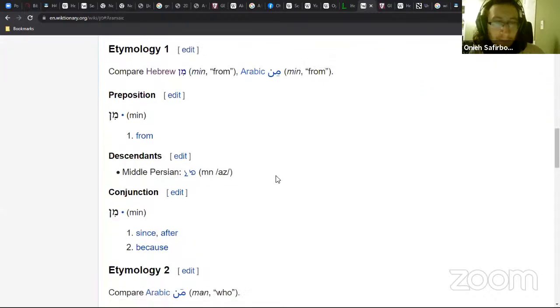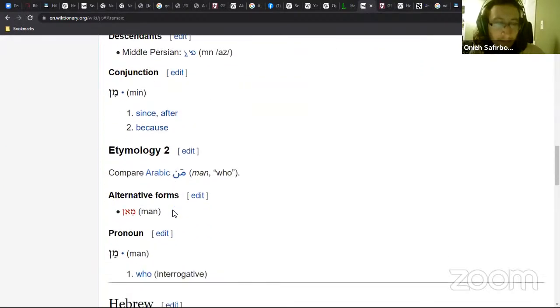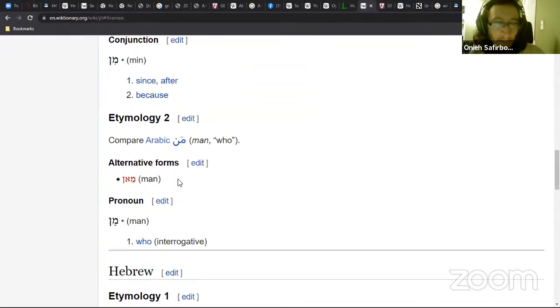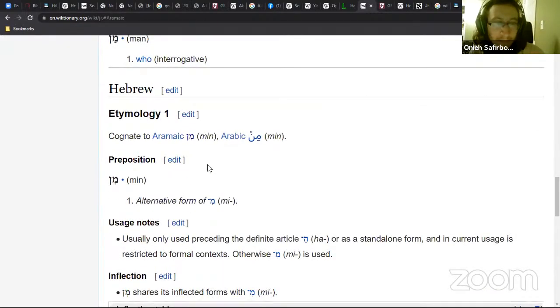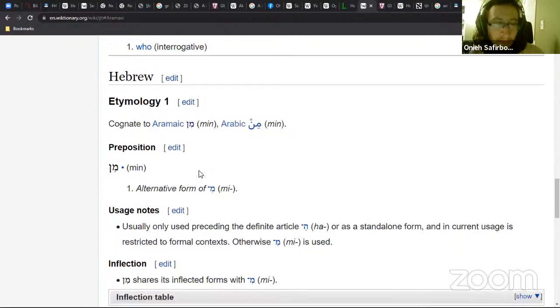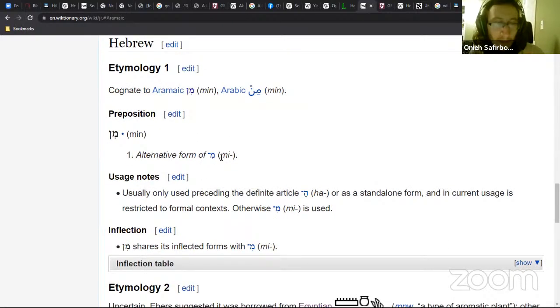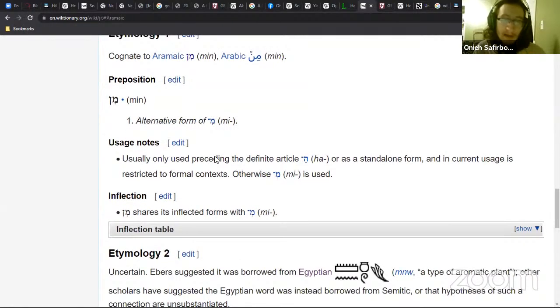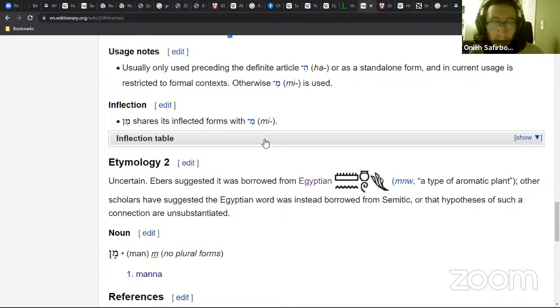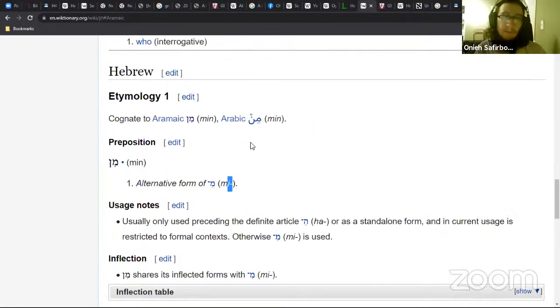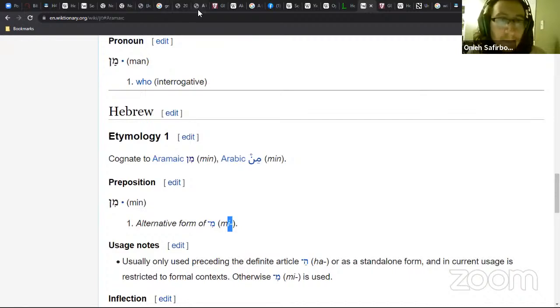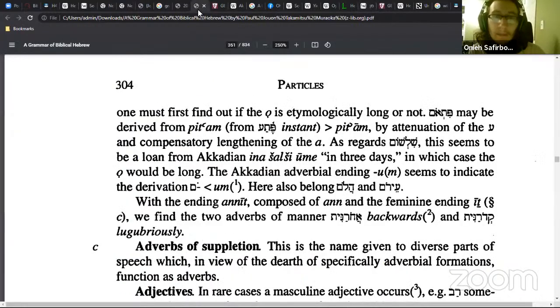Ah, so apparently it sometimes does mean like who or what. Interesting.